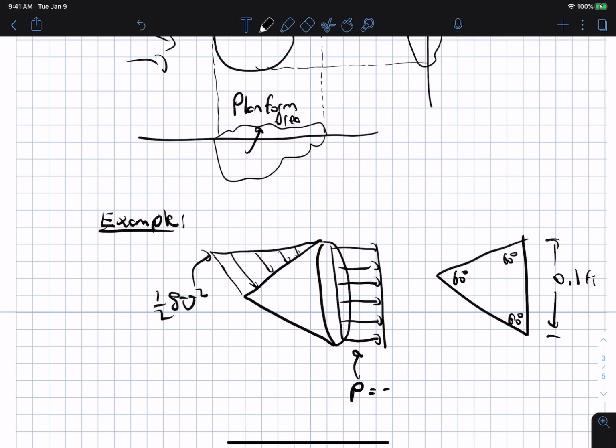And so this pressure equals -1/4 rho U squared. Oops, that should be capital U squared. And this height here is 0.1 feet, and this is a linear distribution.